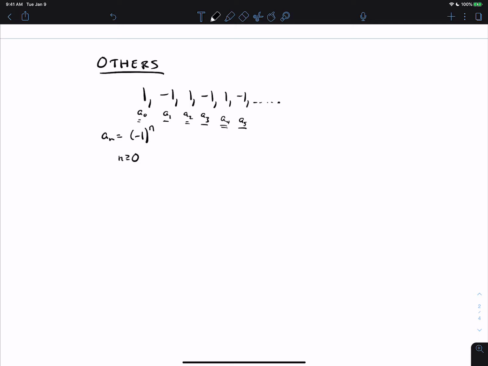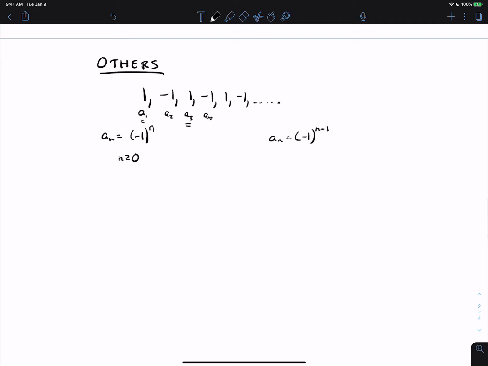If I wanted to relabel this where we start at a sub 1, we could fix that pretty easily. And so if we call this a1 and this a2 and this a3 and a4, we would say, okay, a_n equals negative 1 to the n minus 1, because now negative 1 to the 1 minus 1 is negative 1 to the 0, which is 1.